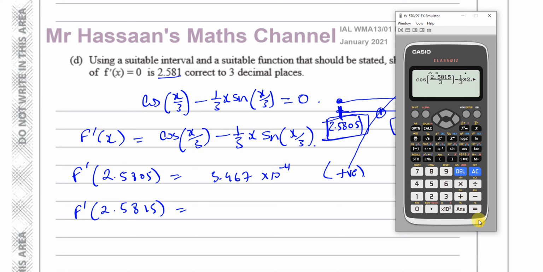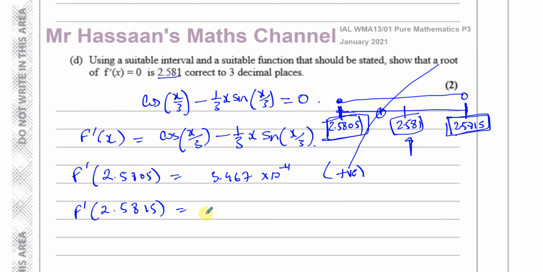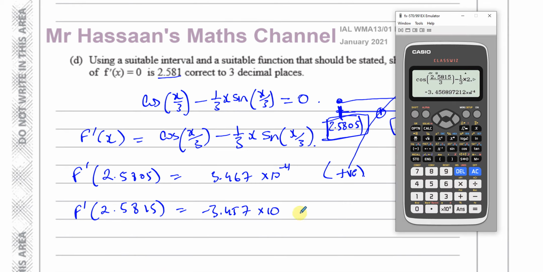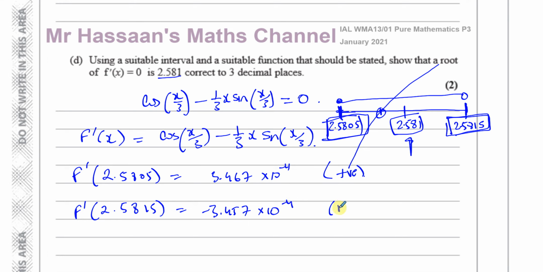Now hopefully there's a change in sign. Yes, there is. That's negative 3.457 times 10 to the power of minus 4 again. Okay, so that's negative.